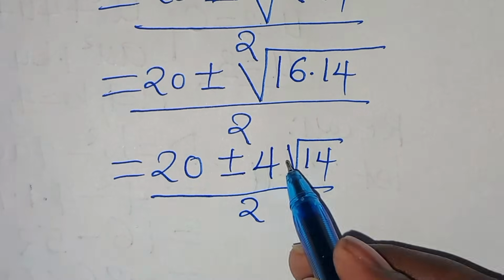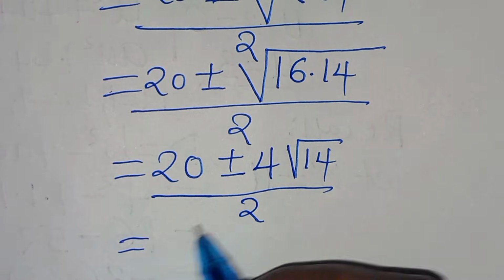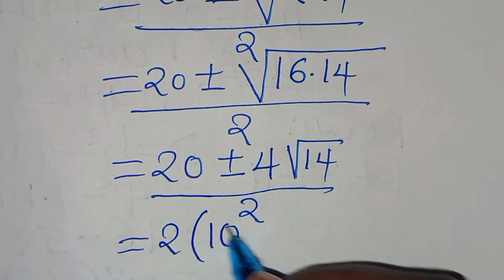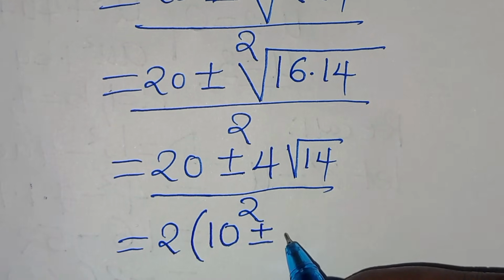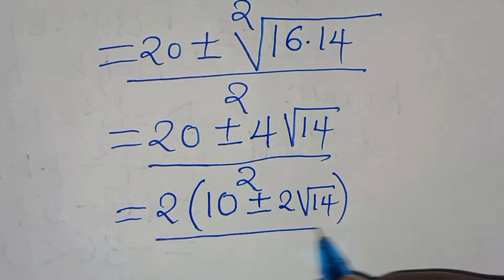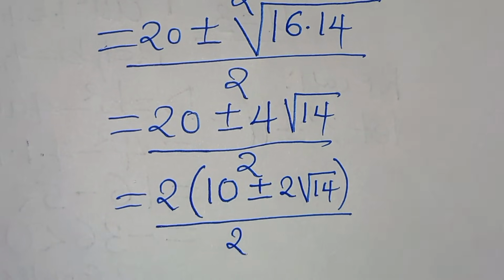So in the numerator, we have that 2 is common. We can factor out 2 so that we have in the parentheses 10 plus or minus 2 square root of 14, everything divided by 2.